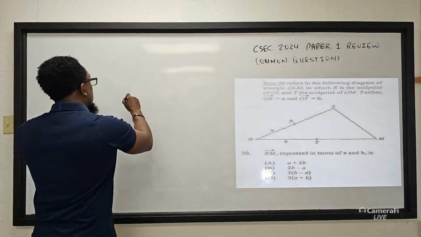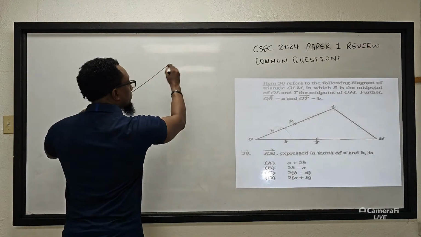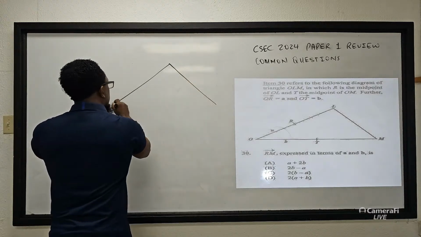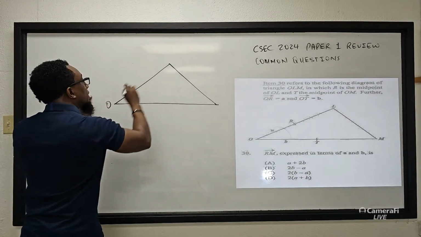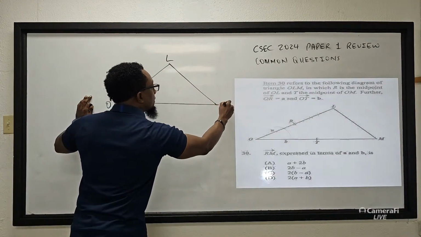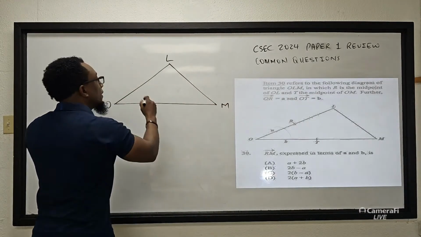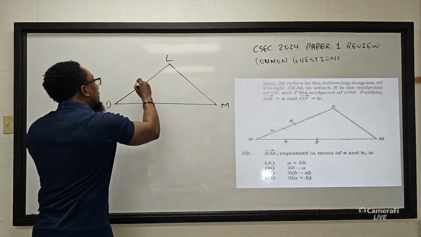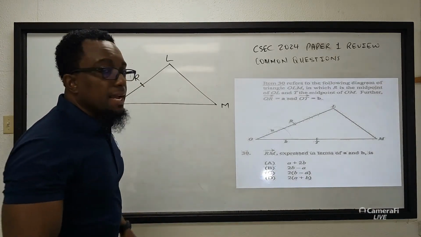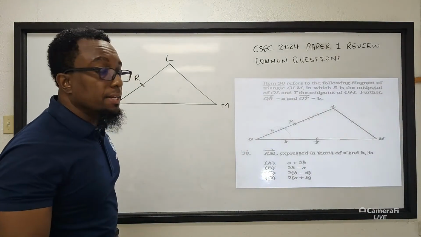So let's quickly redraw this diagram. This is O, this is L, this is M. They told us that R is a midpoint, so we know it lies at the middle of the line OL, and will divide OL in half.